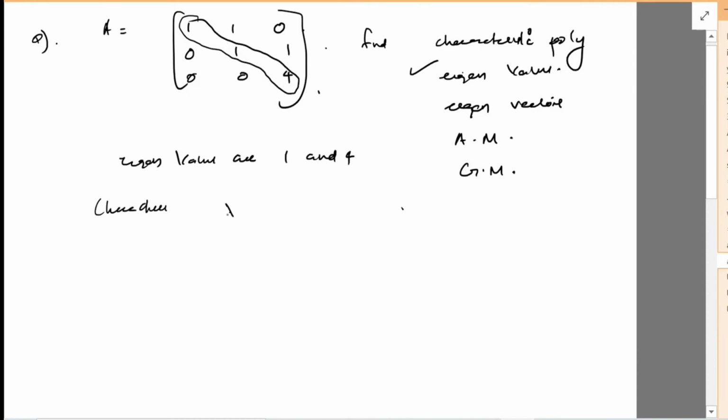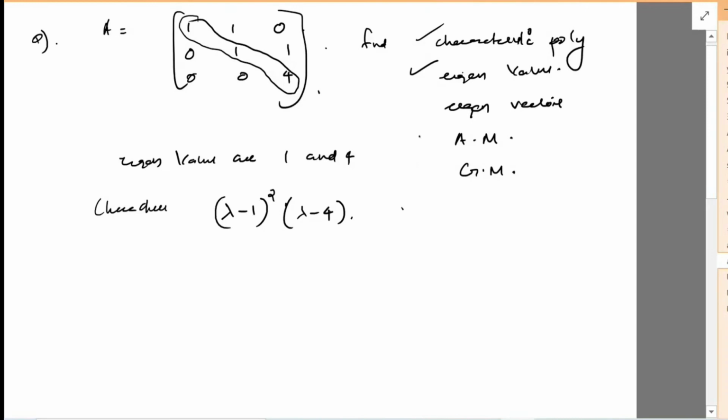So we write it as lambda minus 1 the whole square into lambda minus 4. That will be the characteristic polynomial, because 1 repeats 2 times, so you take the power as 2 for lambda minus 1, and 4 repeats only one time. So we got the characteristic polynomial and also the eigenvalues.